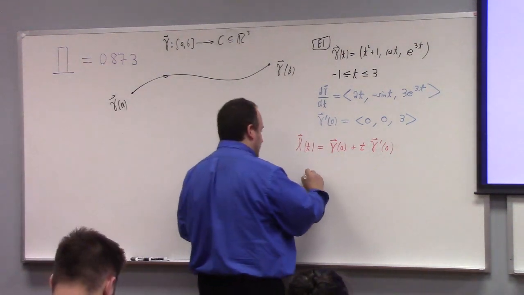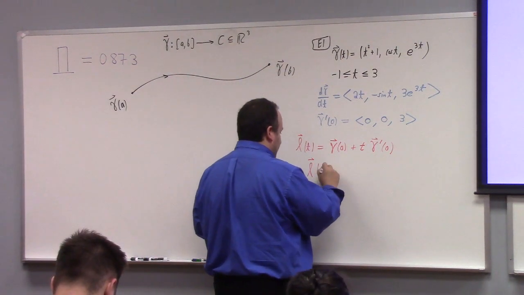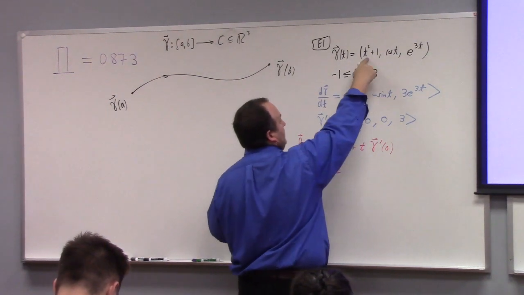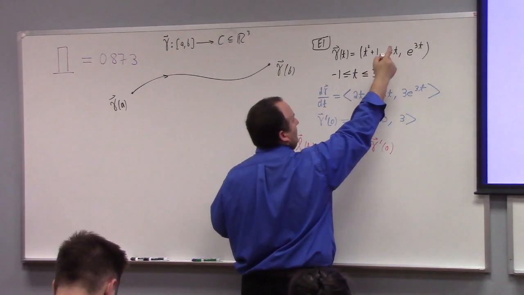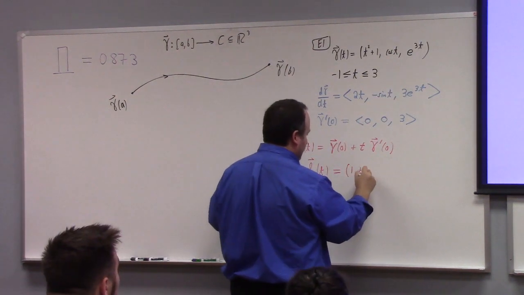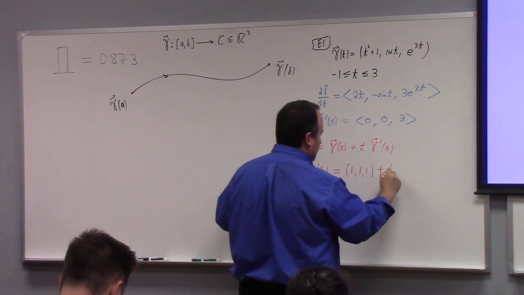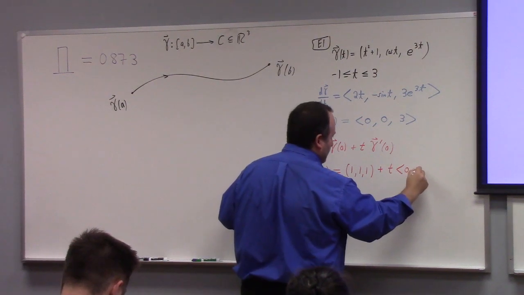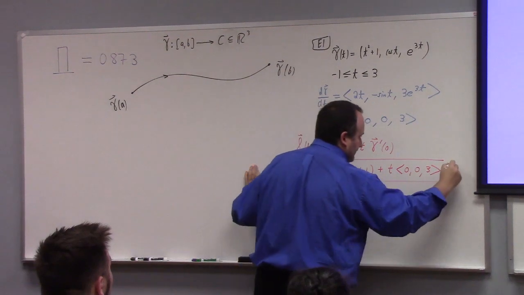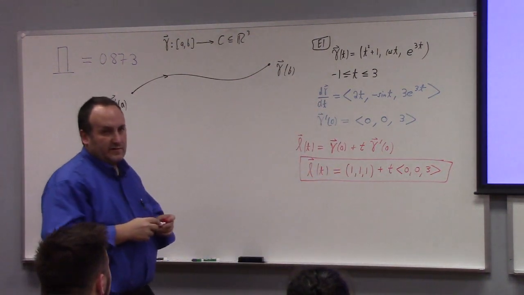And so here it is. The parameterization for the line would be, oh, what is gamma of 0? Plug it in: 1, 1, 1, how boring. 1, 1, 1 plus t times 0, 0, 3. And there you have it. That is a parameterization for the tangent line at 0 to this curve.